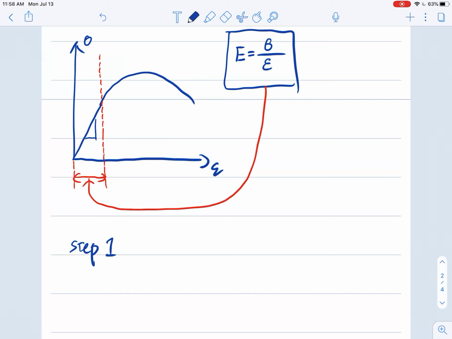So step one is just to find any point within that linear region.